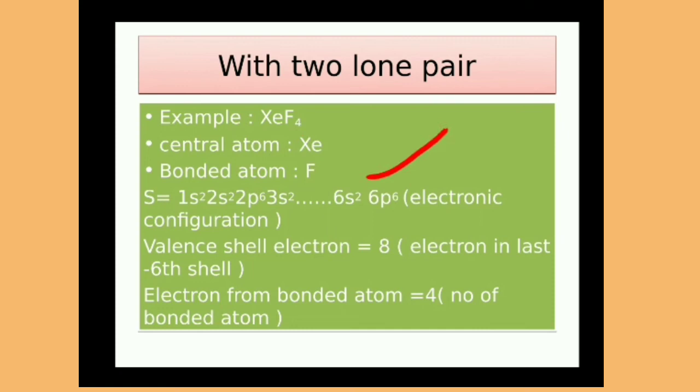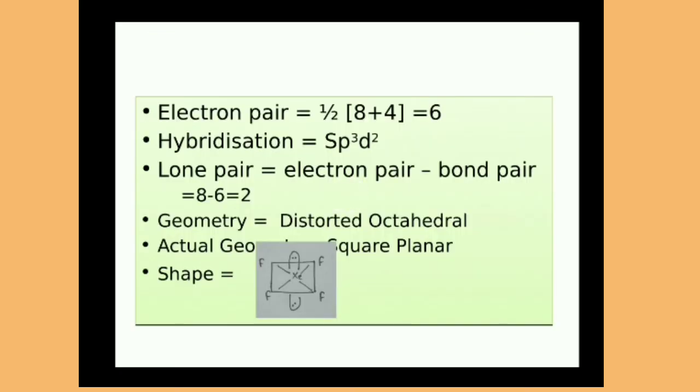We will write the electronic configuration of xenon, 6s2 6p6, which involves valence electrons, and valence electrons will be 6 plus 2, total 8 valence electrons. Since there are 4 bonded atoms, electrons from bonded atoms will be 4. Now electron pair will be half of valence electrons in the central atom 8 plus electrons from bonded atoms 4, which will be equal to 6.